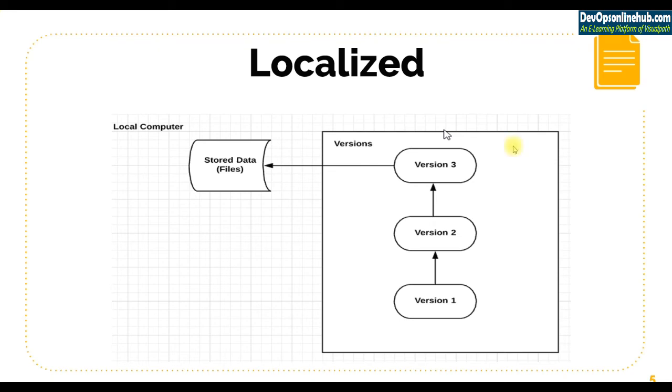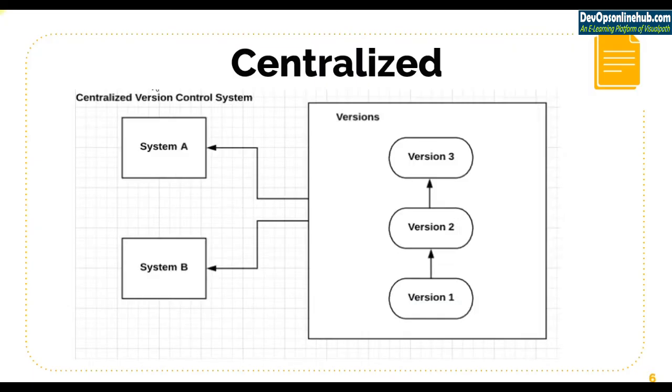Localized is very simple. We have some files and we have multiple versions of that file, and this will be maintained by our localized version control system. But in centralized, the same versioning will be done at the server.